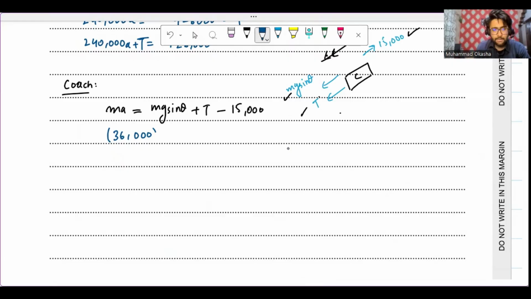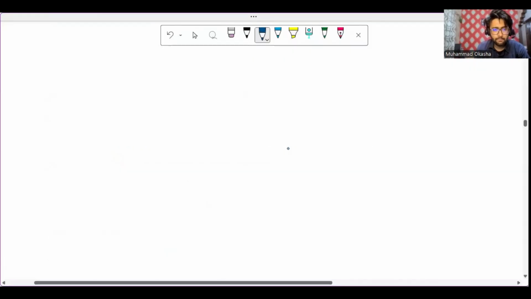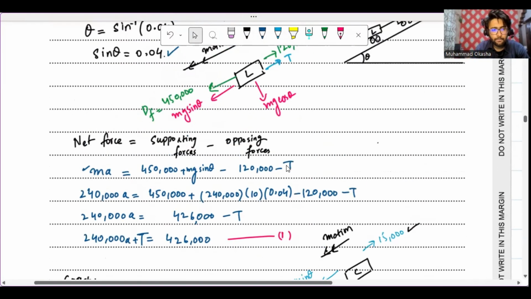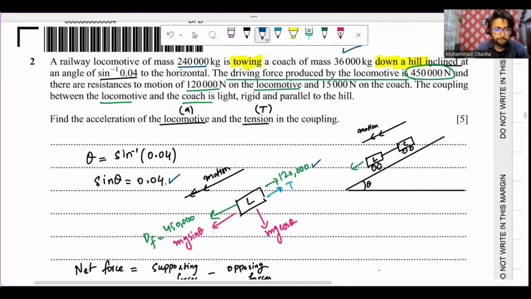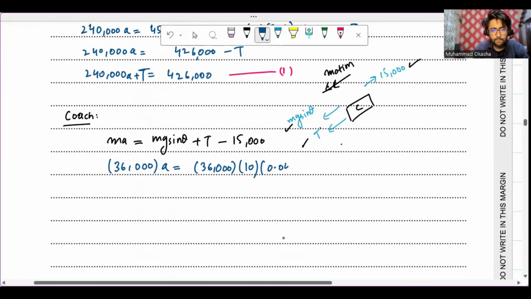I do not know the acceleration, so I'll just write it as A. That's 36,000 for the mass, for g I'm going to put 10, and we know sine theta is 0.04, right? So 0.04 plus, I do not know the tension, T, and minus 15,000.